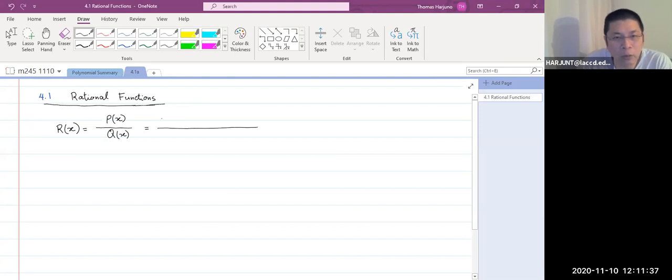On the numerator, I will use coefficient a and degree n.